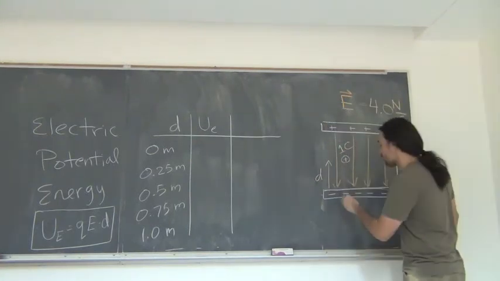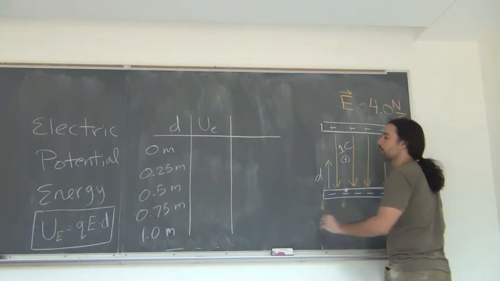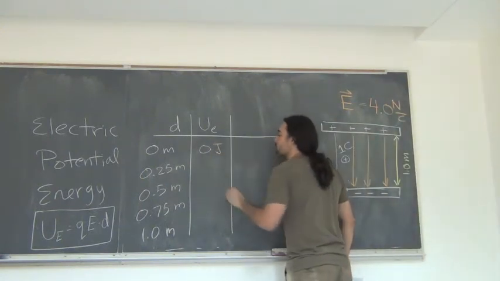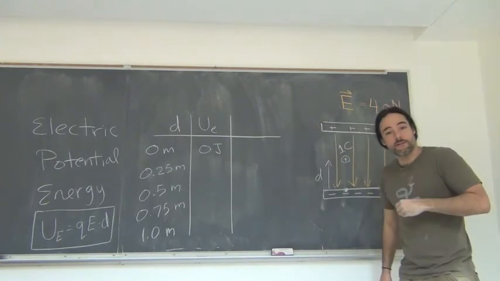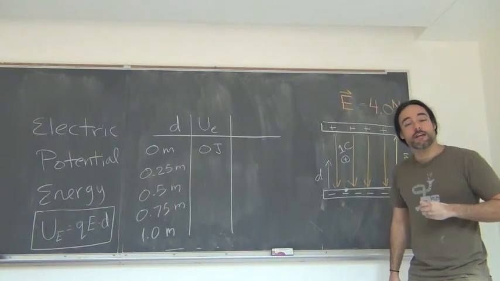If I put my charge all the way at the bottom here, that would be 0 joules of potential energy. Much in the same way that if I have an object on the ground, we'd normally say it has 0 joules of gravitational potential energy.